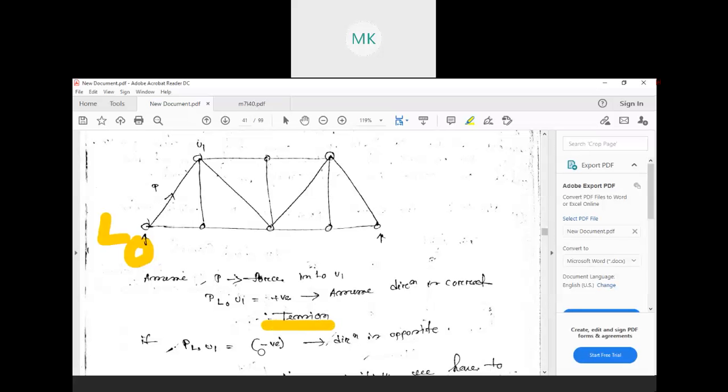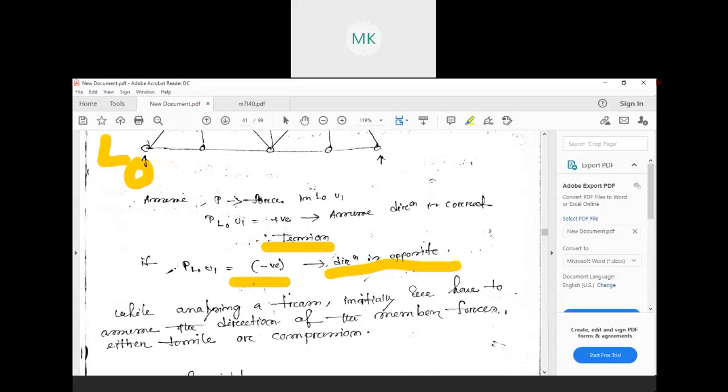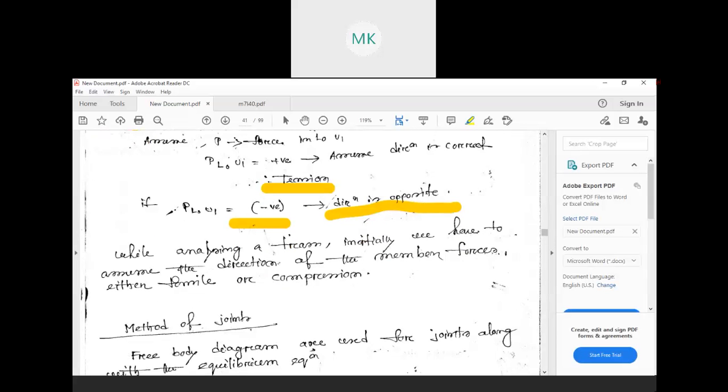If the direction comes out negative, then we can say that the member is going through compression. Here you see what we need to do while analyzing a truss. Initially we have to assume the direction of the member forces, either tensile or compression, because initially we don't know.